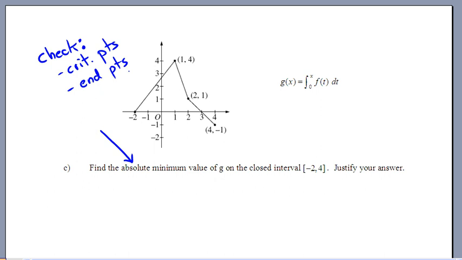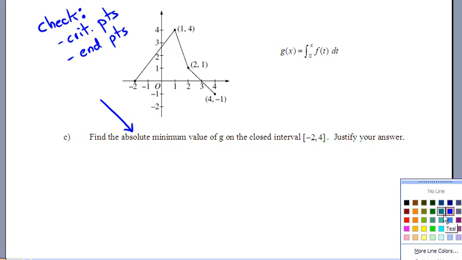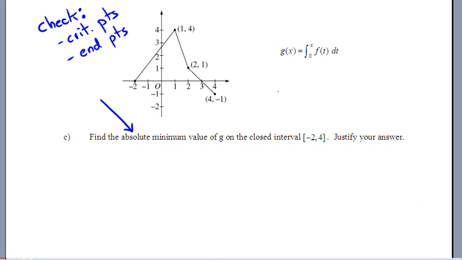So first of all, let's get the critical points. If we're trying to find a critical point for G, then that would be when G prime is either 0 or broken. Well, G prime, hey, that's just F, plain old F. So you're wondering, is that ever 0? Is it ever busted?